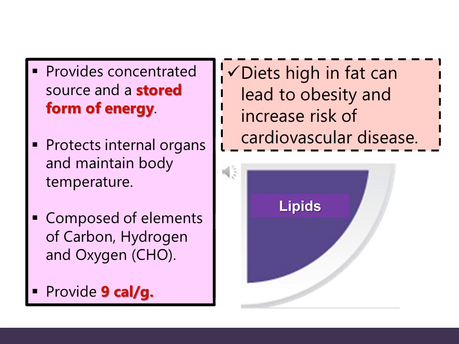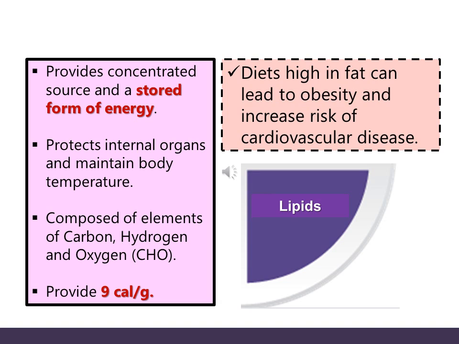Now, this is the thing that I want you to remember. While fats or lipids are important as they protect internal organs and maintain body temperature, diets that are consistently high in fats or lipids are also not good for our body. Why? It might lead to obesity or overweight.